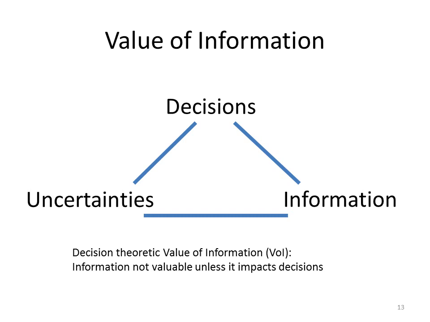So the decision theoretic concept of value of information says that information is not valuable unless it impacts decisions. So it links the information to the uncertainty as well as the decision. So there's an interplay between decisions, uncertainties, and information.